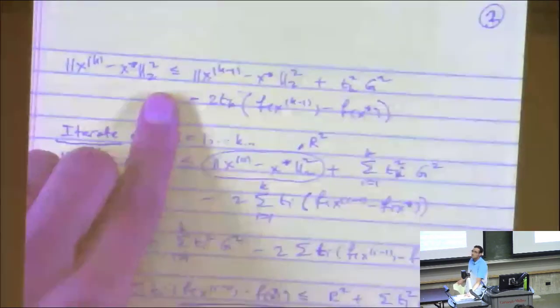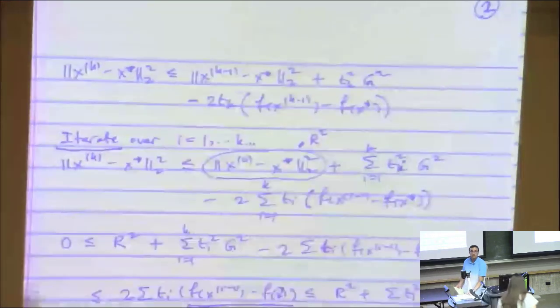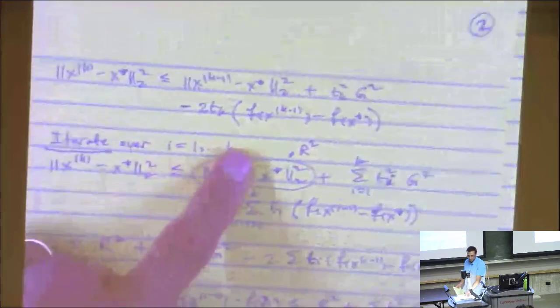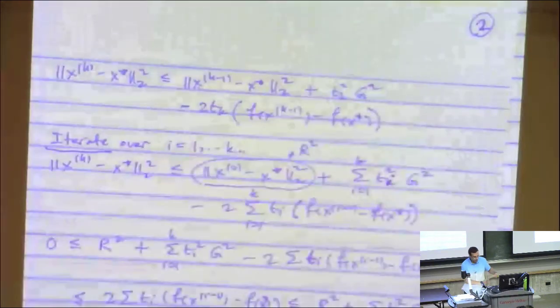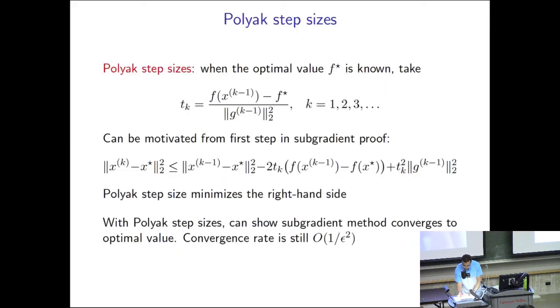This was one of the early steps of the subgradient method proof. Now you could ask, what is the value of t_k that makes this right-hand side as small as possible? In fact, just this part as small as possible. And that is exactly this value.